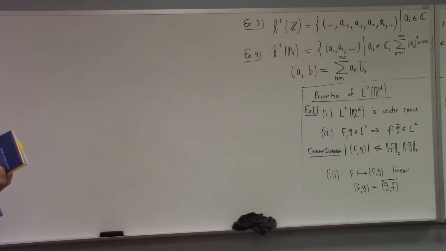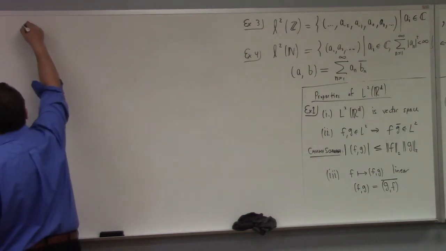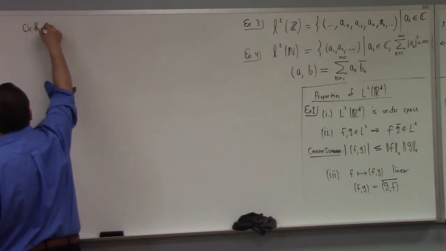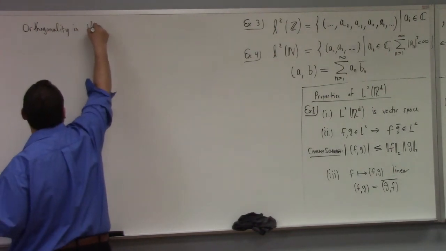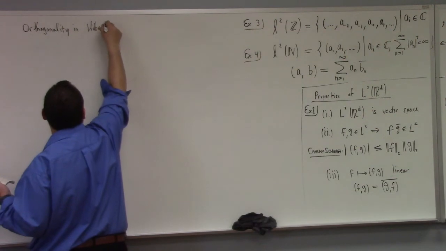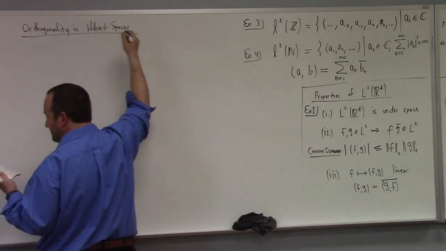What happens to the orthogonal complement theory for infinite dimensional vector spaces is something that requires thinking. Some things you keep and some things you lose, and I'll just leave it at that. But here, we can talk about orthogonality in Hilbert spaces because it's not that bad.